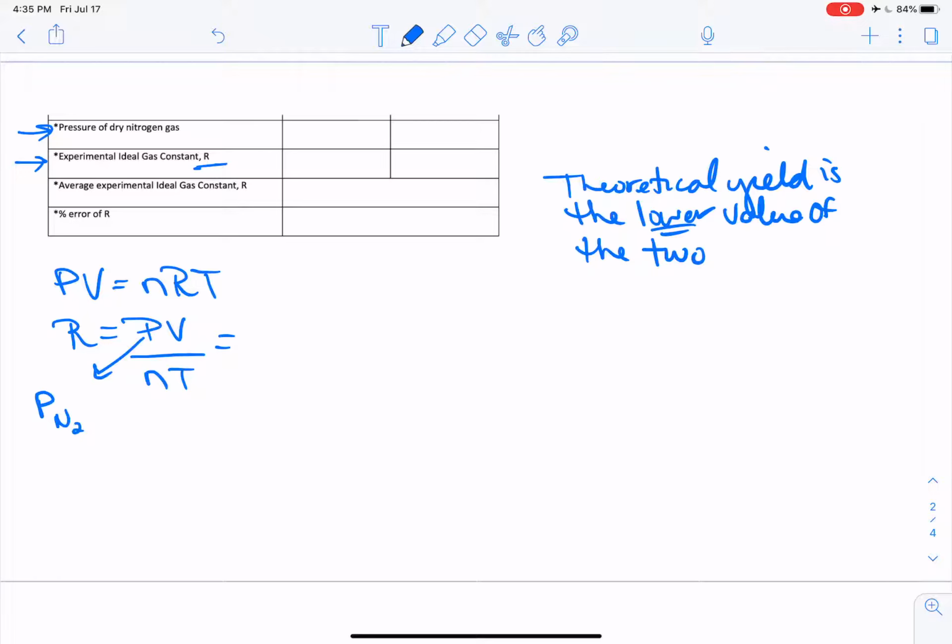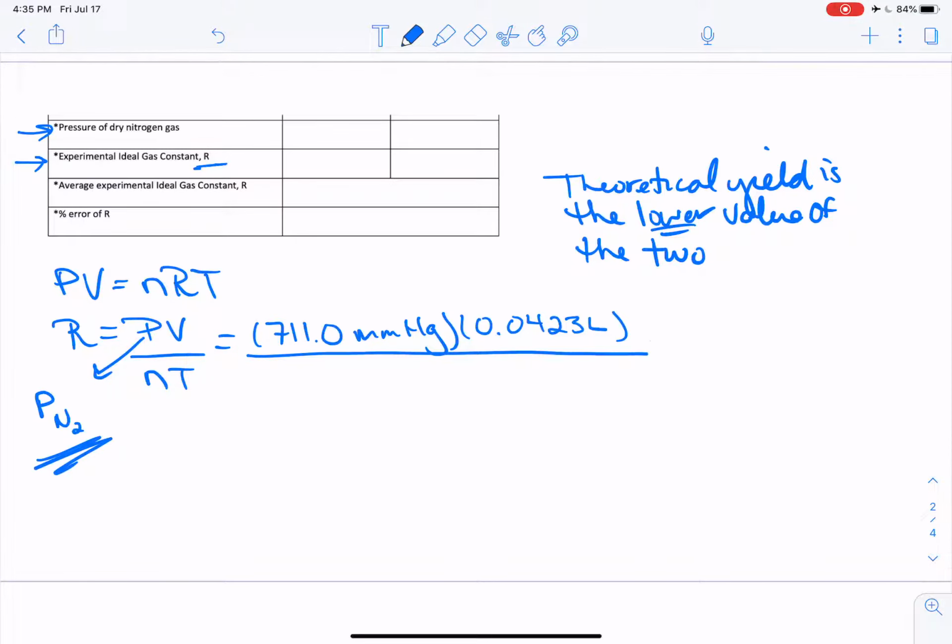So if we just do a little bit of plugging and chugging, what we had was 711 millimeters of mercury for the partial pressure of our nitrogen gas, and the volume of our gas was 0.0423 liters, and we divided that by X moles of nitrogen gas.